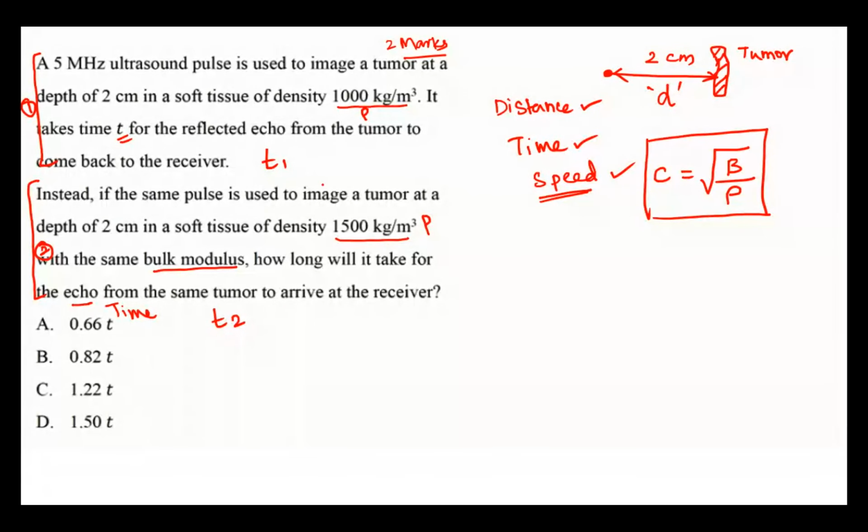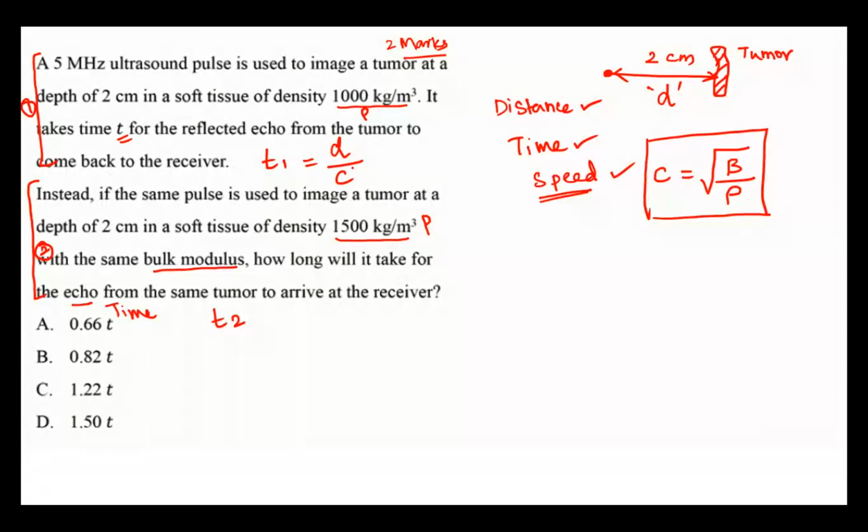With the simple time-distance formula, what is the formula if you want to find time? Distance by speed. Time is nothing but distance by speed.